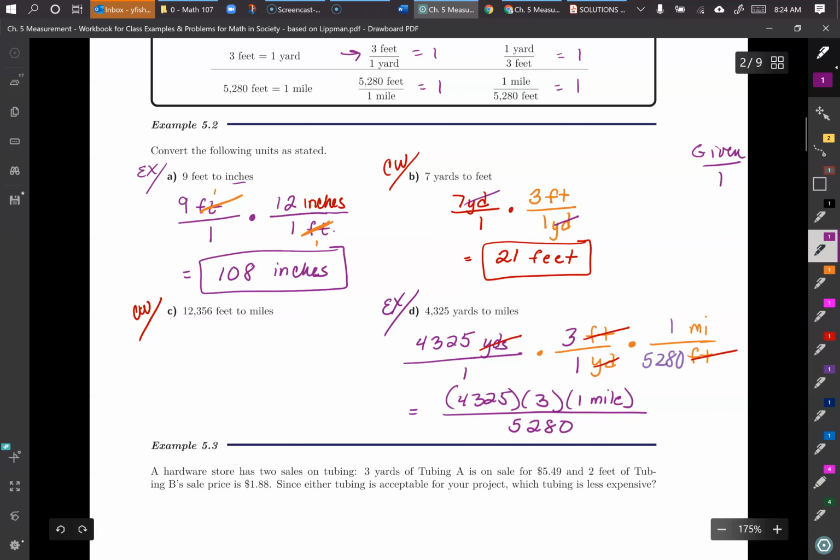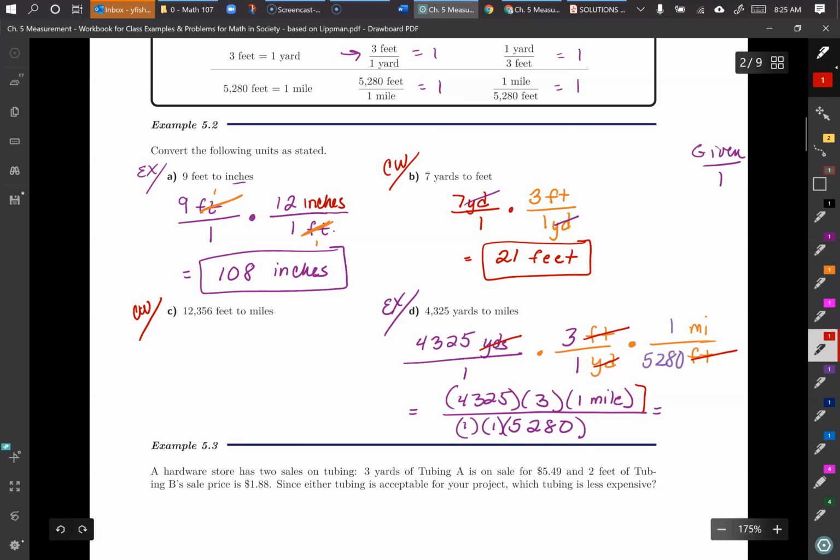5,280, the 1 times the 1, let's write that there for now, times the 5,280, and then I just calculate that. So I'm going to multiply 4,325 times 3, and then divide by 5,280 and punch that into a calculator.